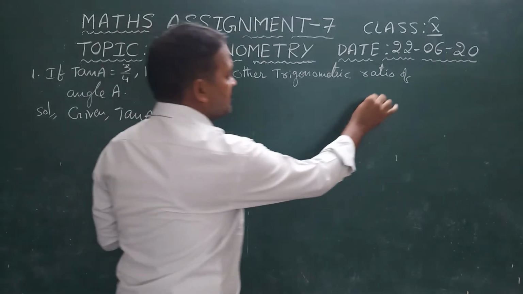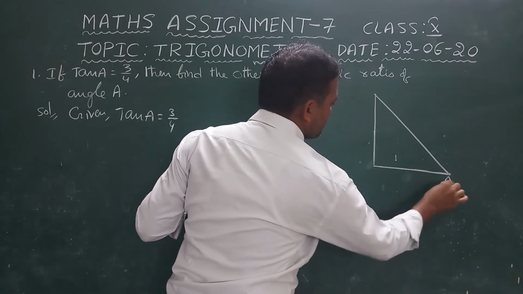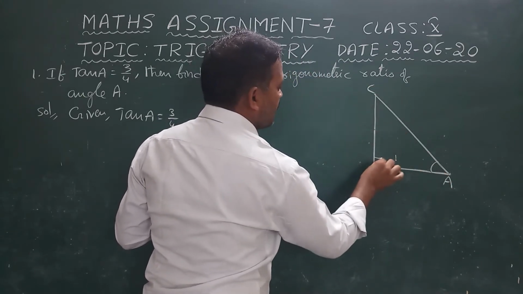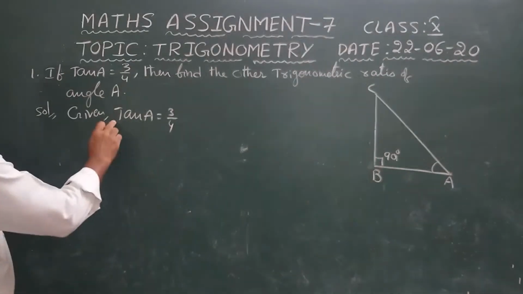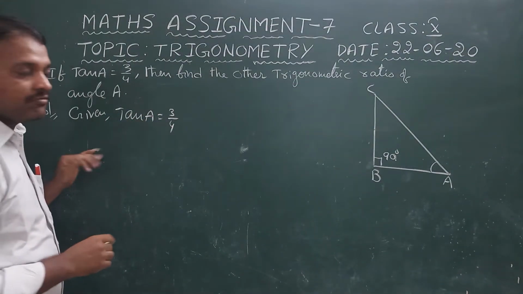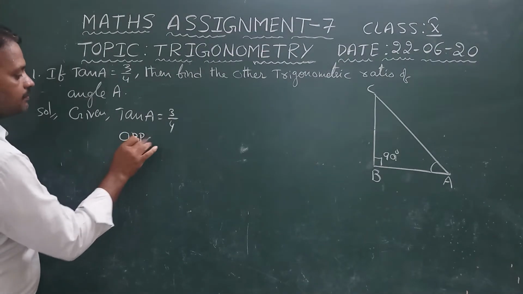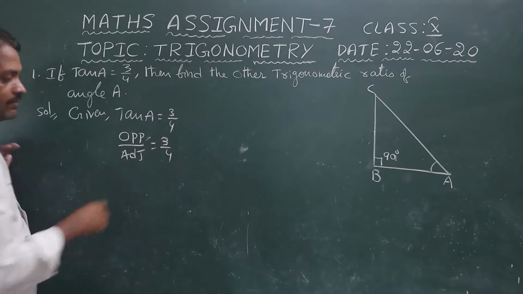So now I consider a right angle triangle. The acute angle is A, and the right angle is at B, so the triangle is ABC. As per the definition of tan A, opposite side by adjacent side is equal to 3 by 4.